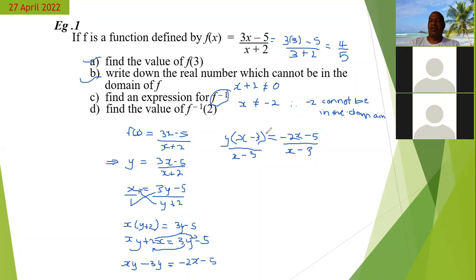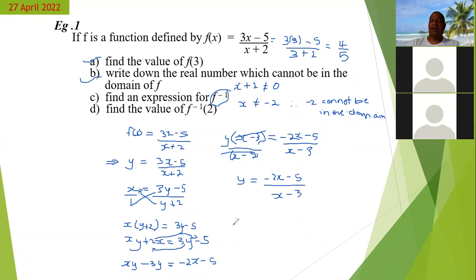And so on the left-hand side, the x minus 3 would cancel out, and so you're left with y equal to minus 2x minus 5 over x minus 3.